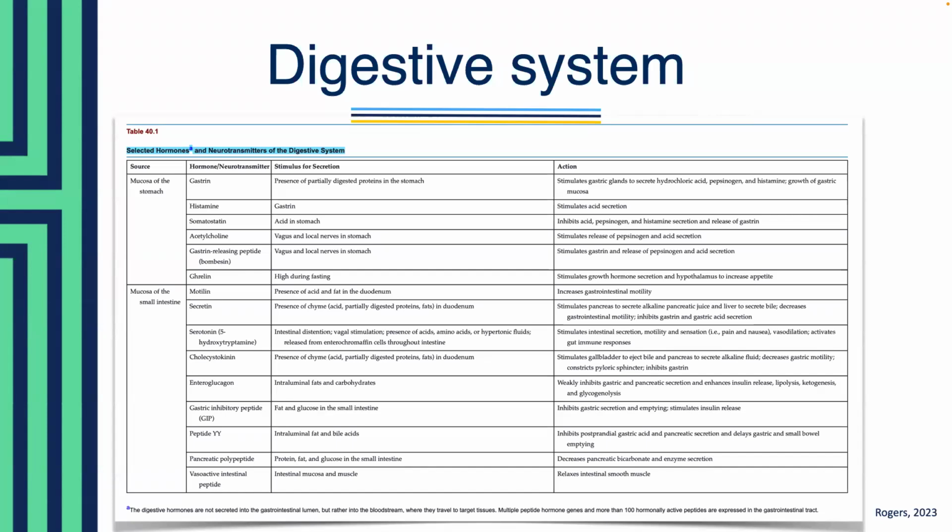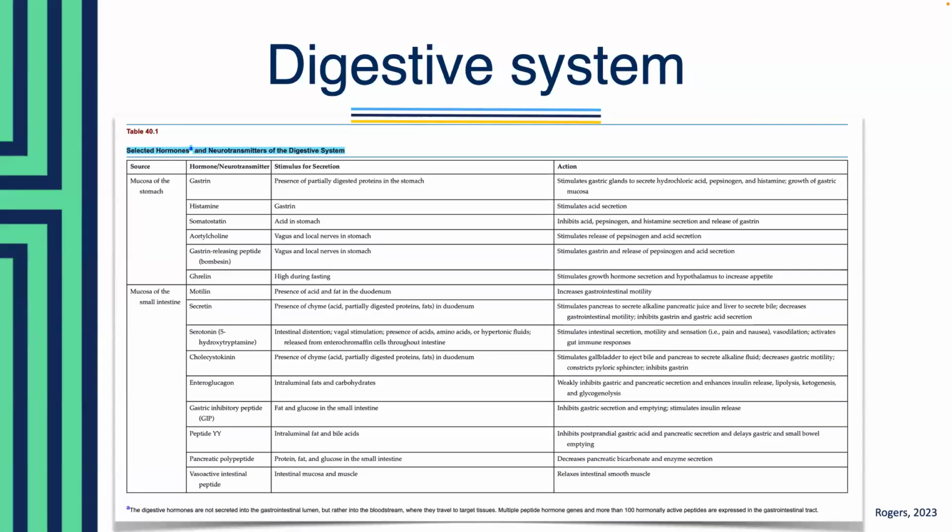Gastrin is secreted by the G cells in the stomach, and it stimulates gastric acid secretion by the parietal cells. An excess of gastrin can cause conditions like Zollinger-Ellison syndrome, which we see as increased acid production, and it produces peptic ulcers.